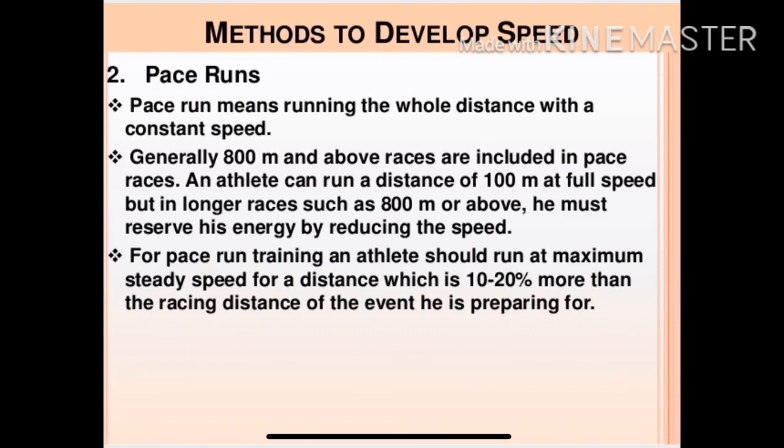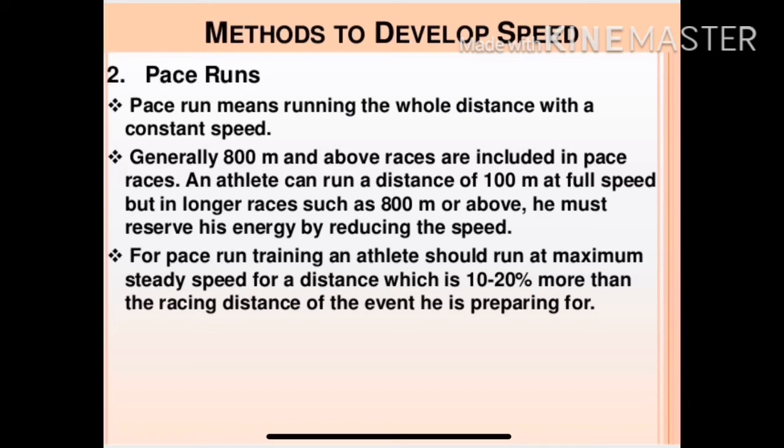So the second training method to develop speed is pace run. Pace run means running the whole distance with a constant or same speed. Generally, 800 meter and above races are included in pace run.